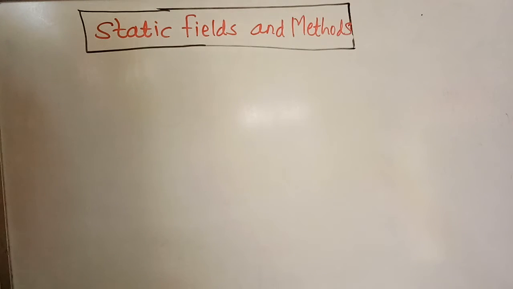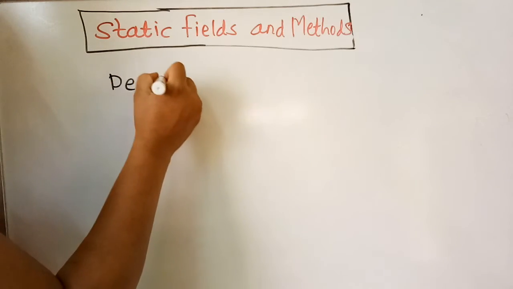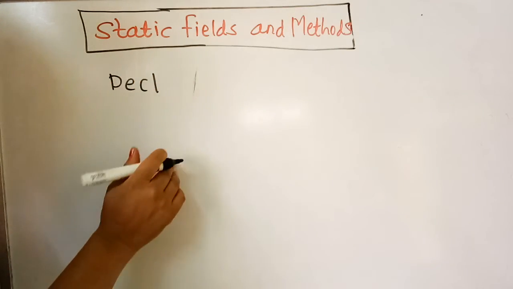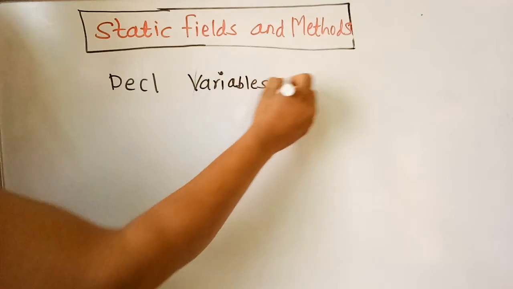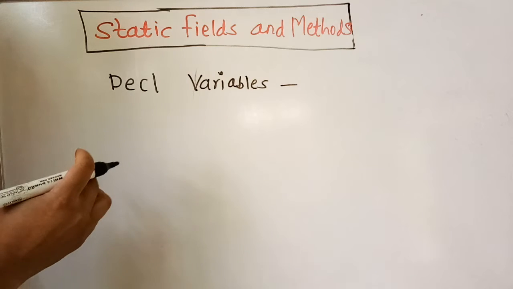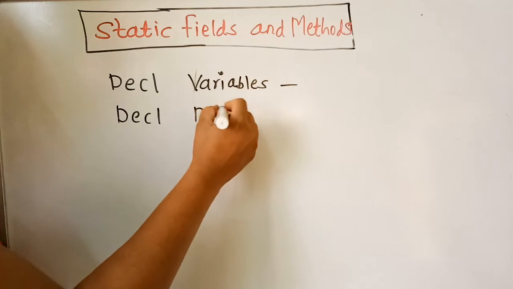A class contains two different sections. We have to declare the variables, in which we handle the different user values. Then we have to declare the methods.